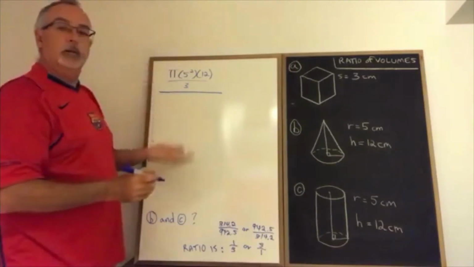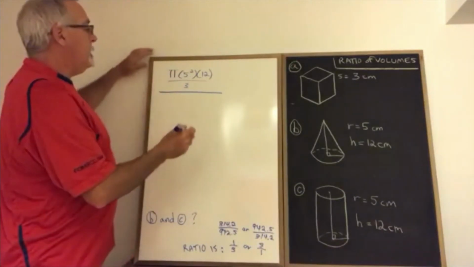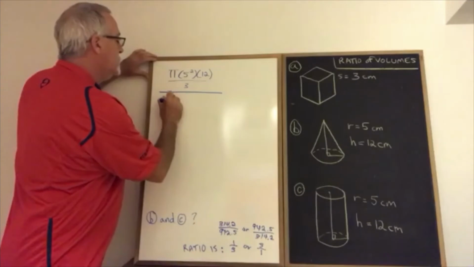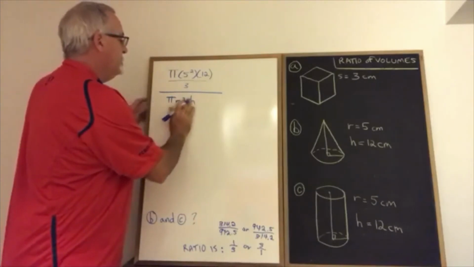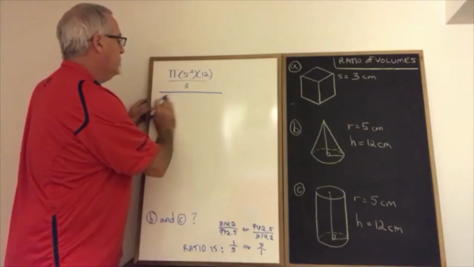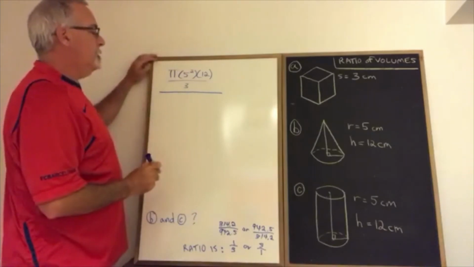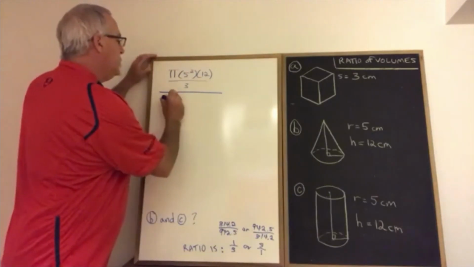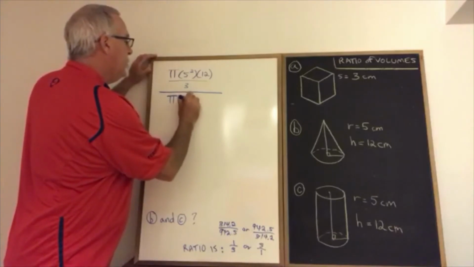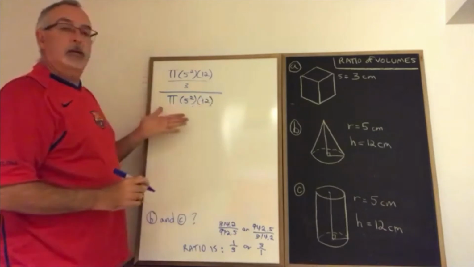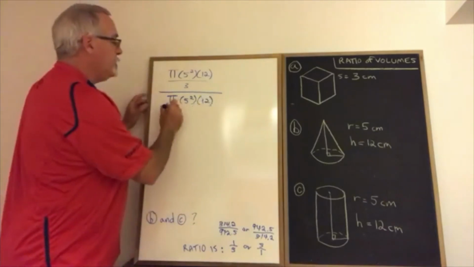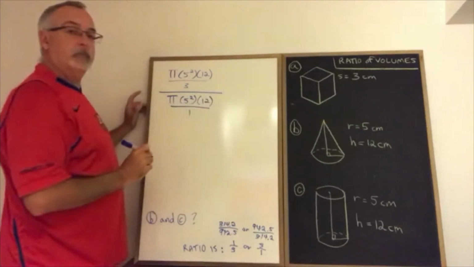The other one is going to be the volume of the cylinder, which is pi r squared h, which is pi 5 squared 12, and if I want to express that as a fraction, I can put it over 1.